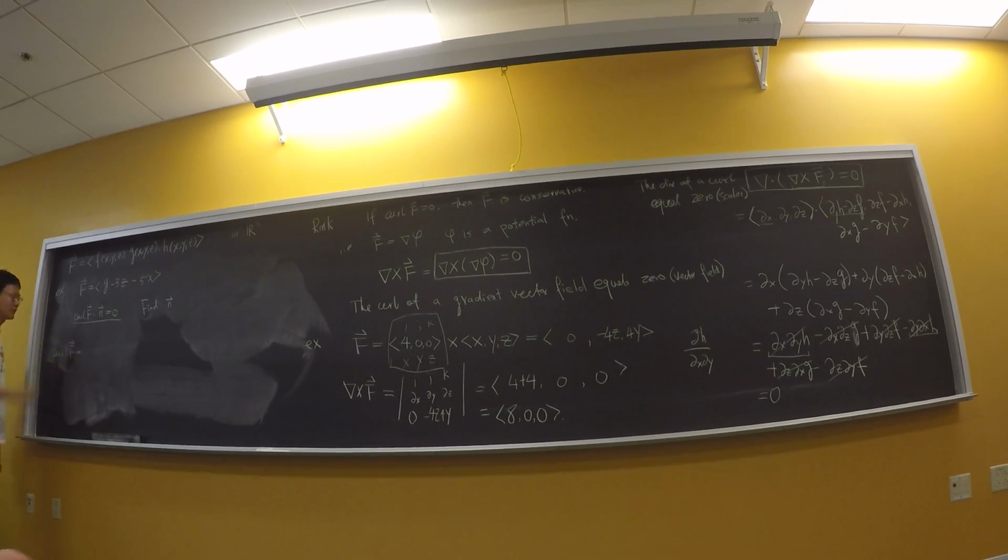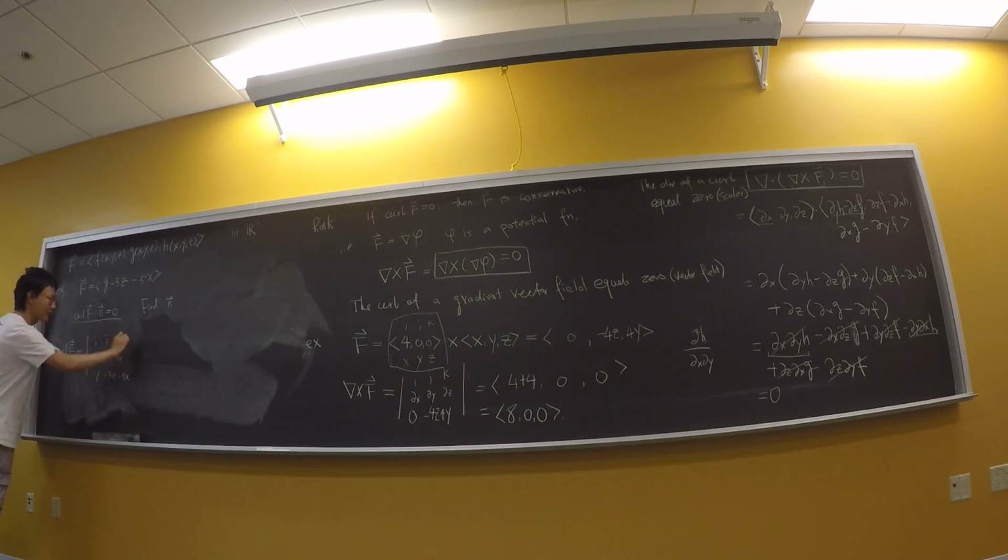So the curl of the vector field is equal to the determinant with i, j, k, partial x, partial y, partial z, and y, minus 3z, and minus 5x. So let's do the curl of the function. All right.